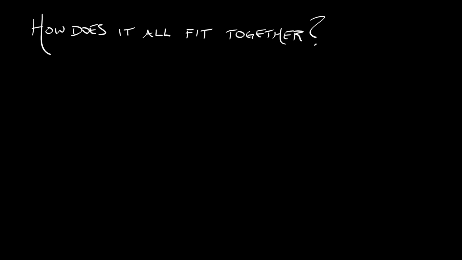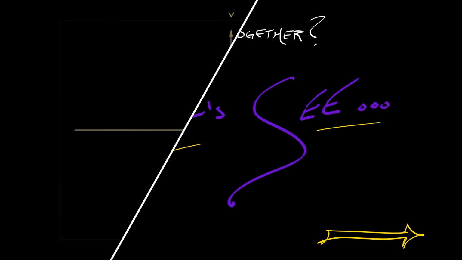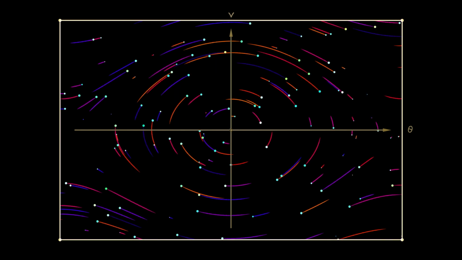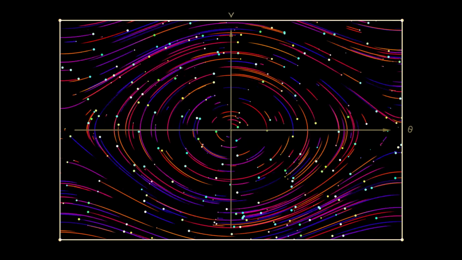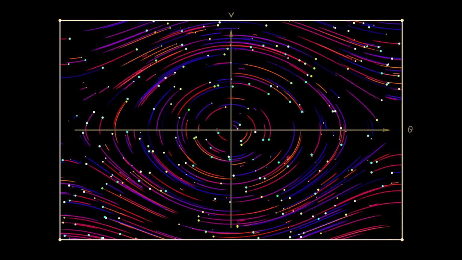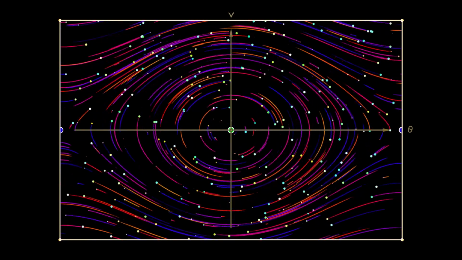Now the big question is, how does it all fit together? Let's take a look. If you plot the flow lines of many initial conditions in the theta v plane, then a couple of things really stand out. First of all, you can see that nonlinear center at the origin. That is really clear. You can see the conservative nature of the dynamics.